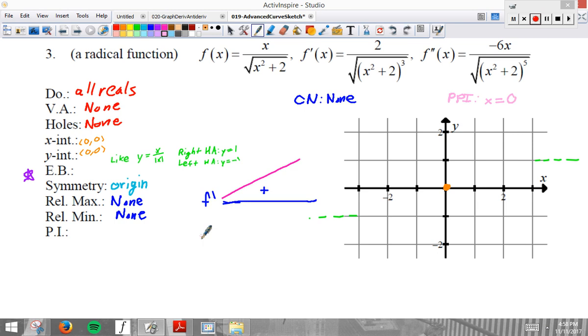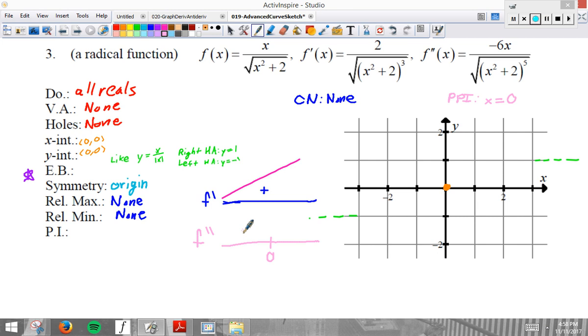We make an f double prime number line. There's nothing to line up with up here, so I'm just going to put 0 in the middle. Before 0, try negative 1. The bottom will always be positive here. X squared plus 2 is always positive. So everything is always positive.